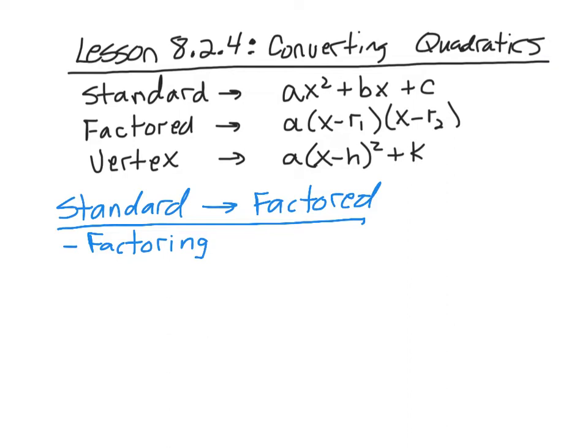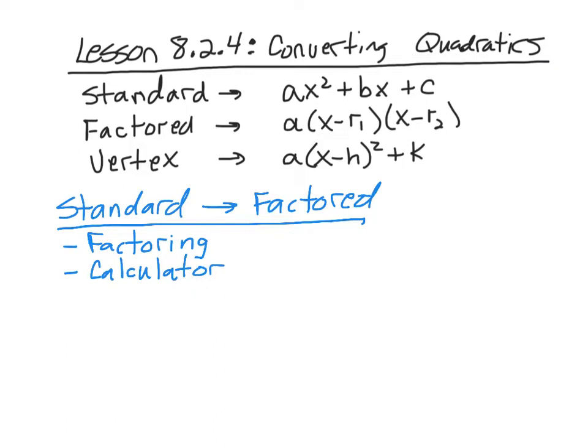We looked at how we can use the generic rectangle. And we began to see some of the patterns that emerge that allow us to do that. We can also, it turns out, use our calculator, because with our calculator, we can actually graph the standard form of our quadratic and find the zeros. And once we have those, then we already know the roots, and therefore we can just put it immediately into factored form.